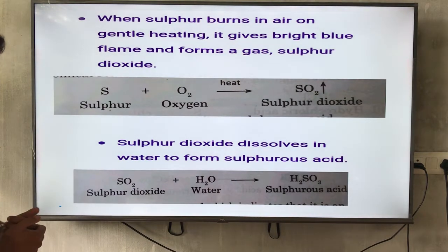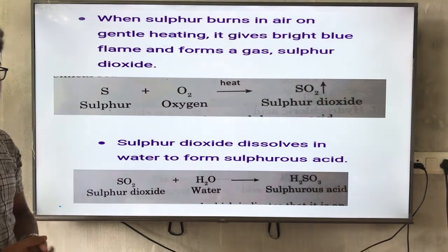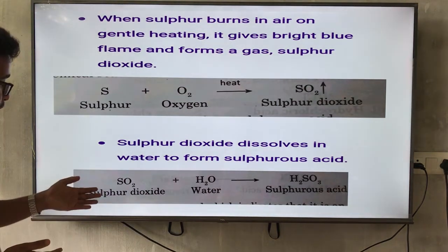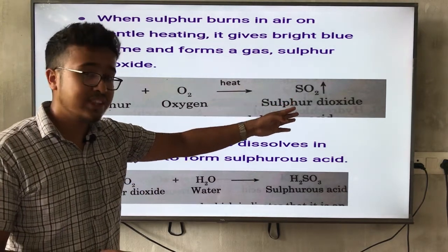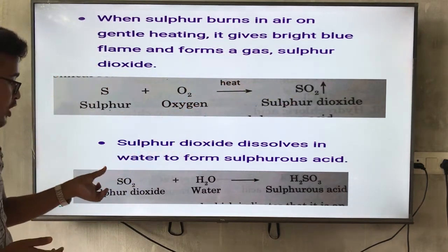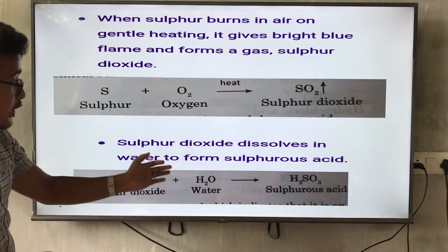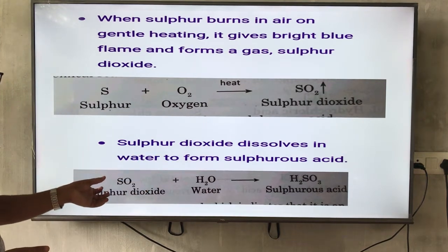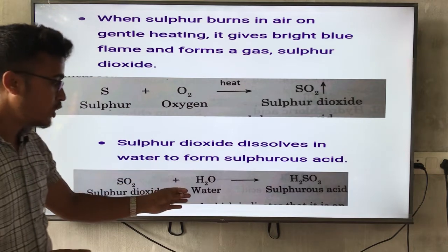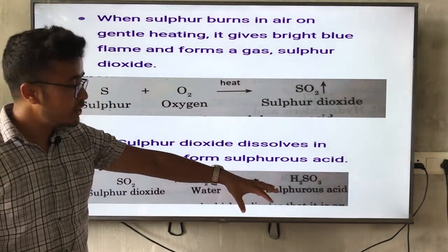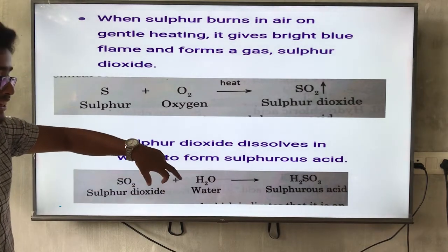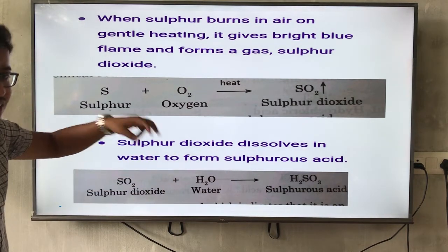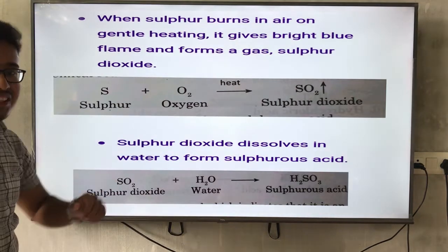Another point: sulfur dioxide dissolves in water to form sulfurous acid. Here is sulfur dioxide, and another is water. When this sulfur dioxide dissolves in water, it will form sulfurous acid. That means the water is suddenly changed into an acid solution.